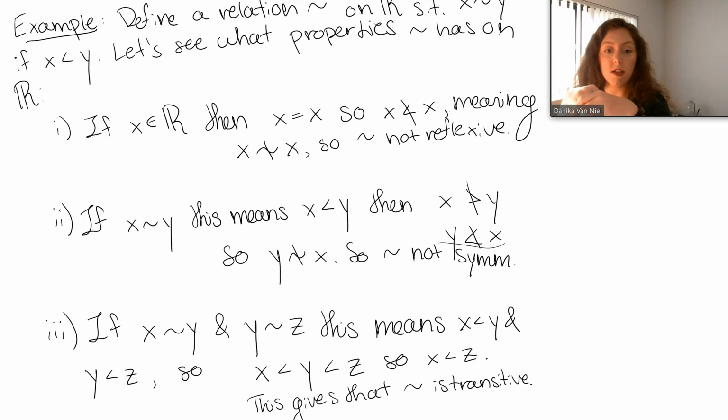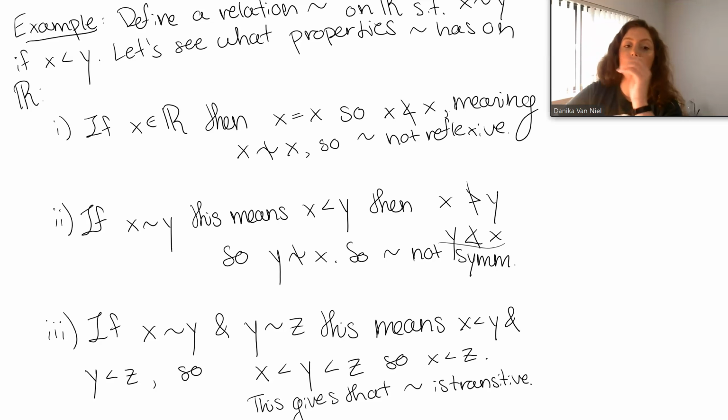Okay, so for part C, we couldn't have just picked out 0, 1, and 2 and been like, well, 2 is bigger than 0. That's not going to work out, right? Because we want to show it for every single one. So sure, maybe it works for 0, 1, and 2, but maybe it doesn't work for, I don't know, a gajillion, 10, and negative 34. Okay?